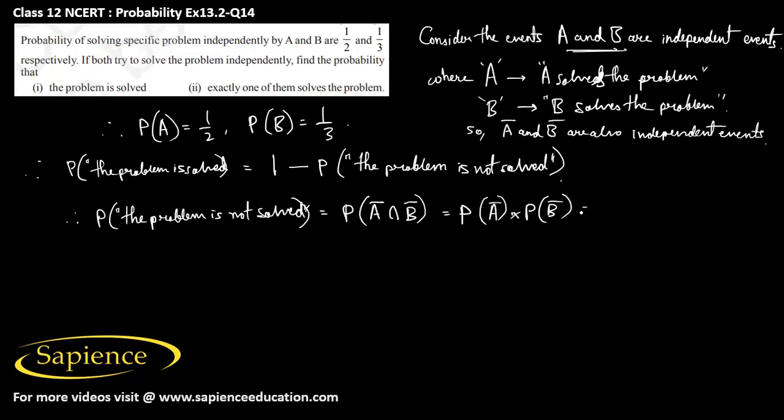It means we have to do the probability that A does not solve the problem, that is 1 minus half, which is equal to half. And also the probability that B does not solve the problem, that is 1 minus 1 by 3, that is 2 by 3. Okay.